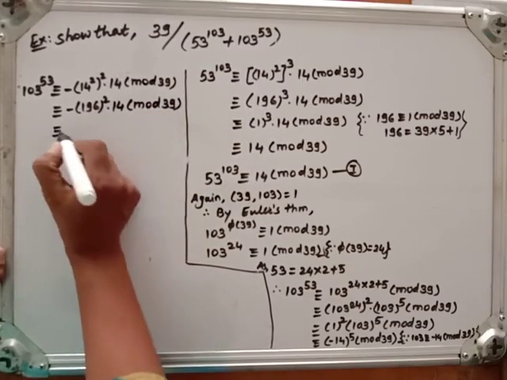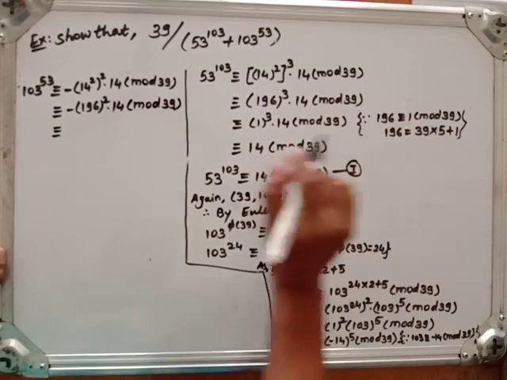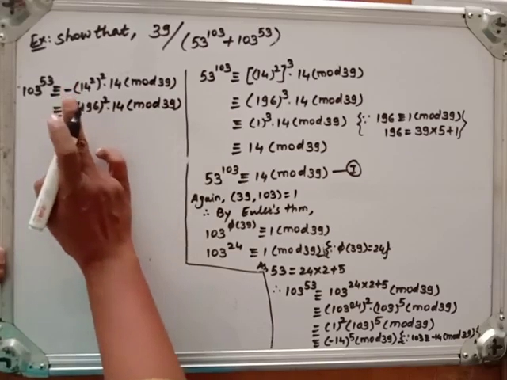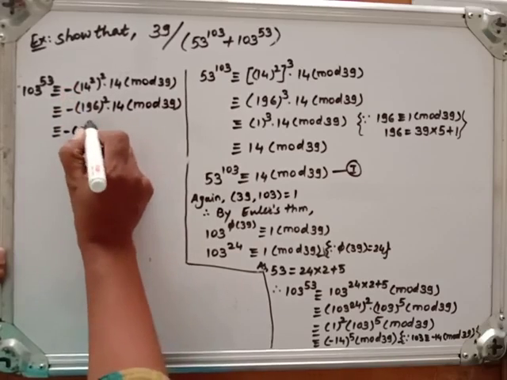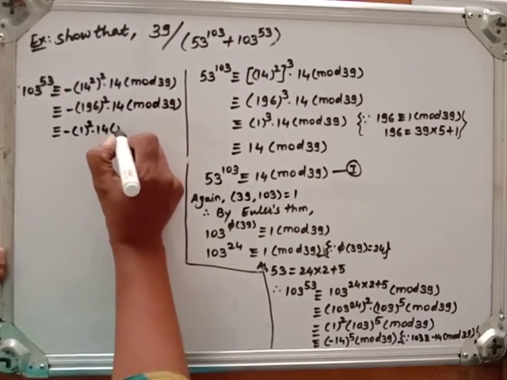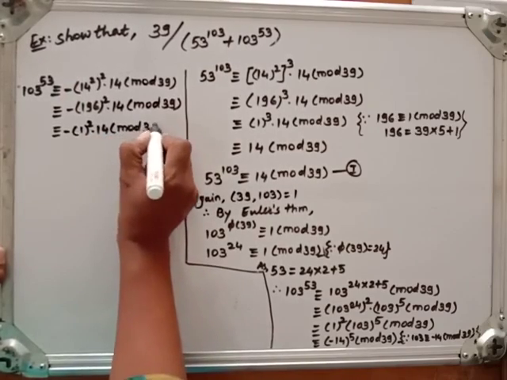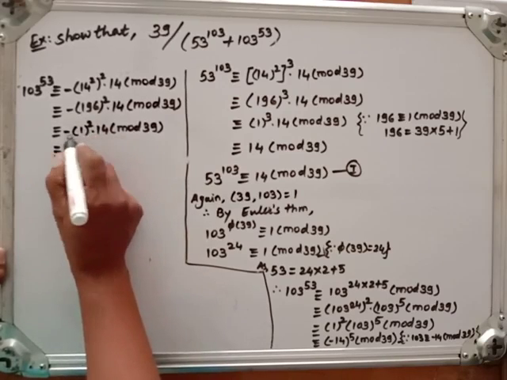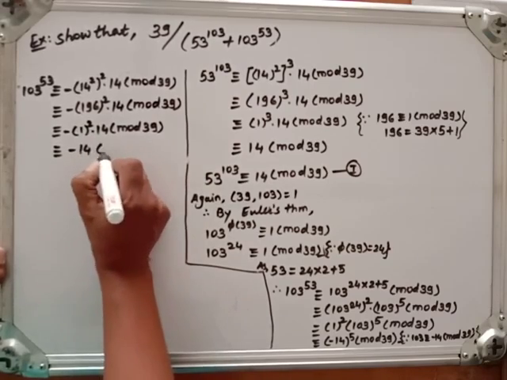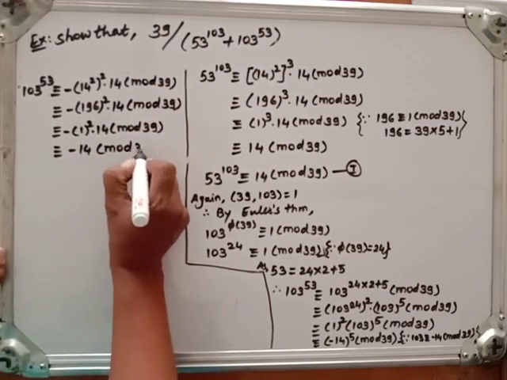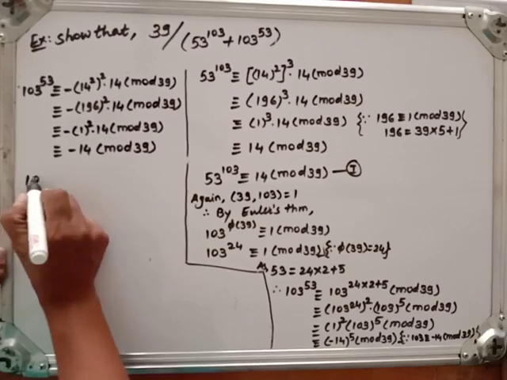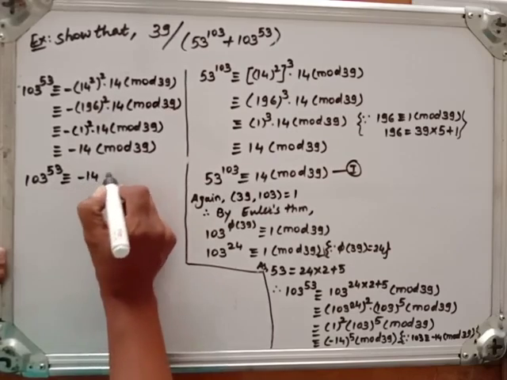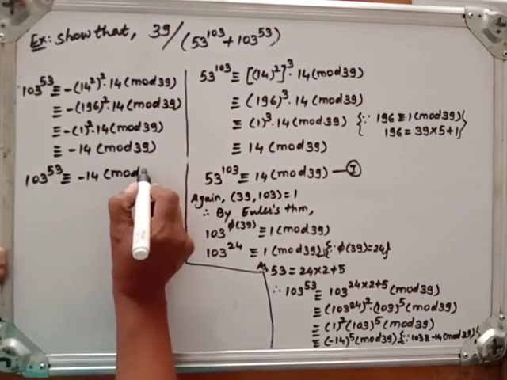Okay, this is equivalent to 196 congruent to what? 1. So here it will be minus 1 square times 14 modulo 39. Okay, so this is how much? 1, so it will be minus 14 modulo 39. So what we get? 103 raised to 53 is congruent to minus 14 modulo 39.